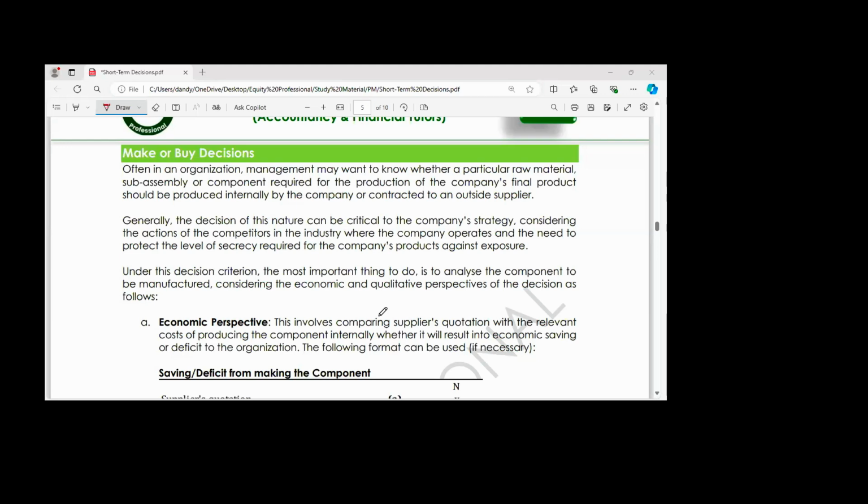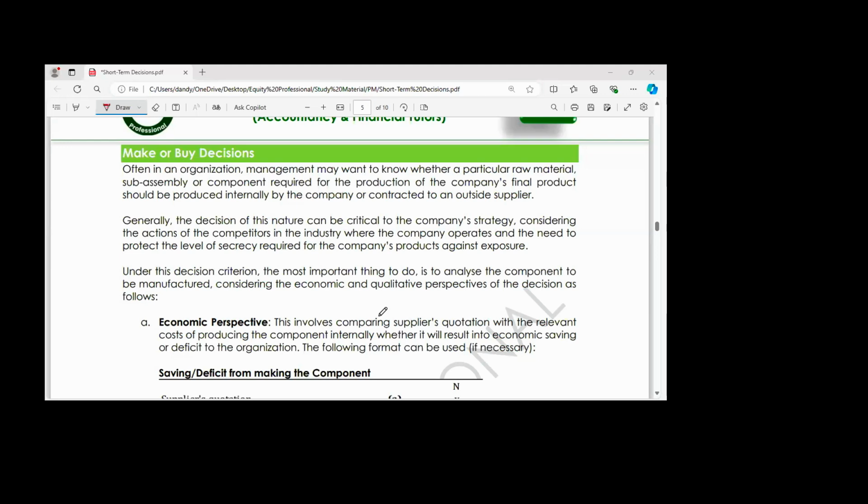Then it is your competitors that will take the market share. That's why we are saying that before you outsource any activity to a third party, you must ensure that the third party is going to protect the degree of secrecy underlying your product or that particular activity.